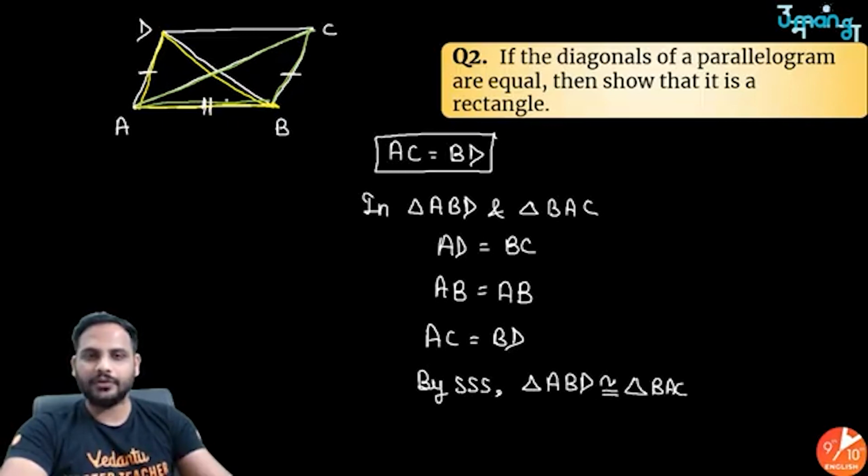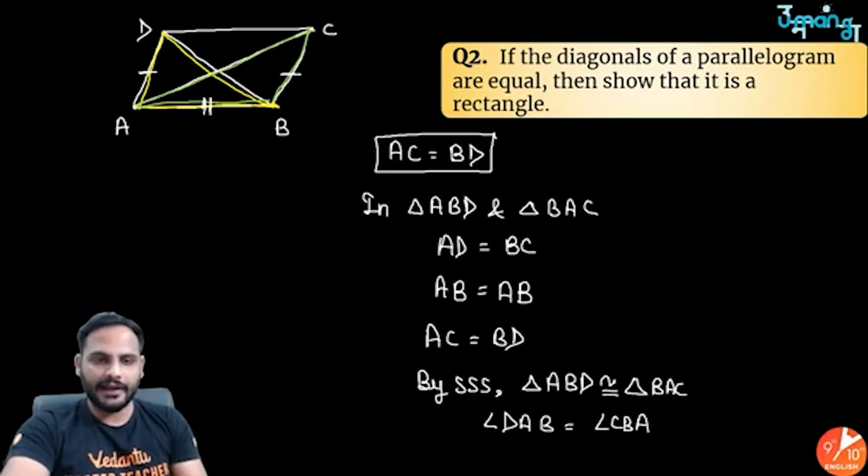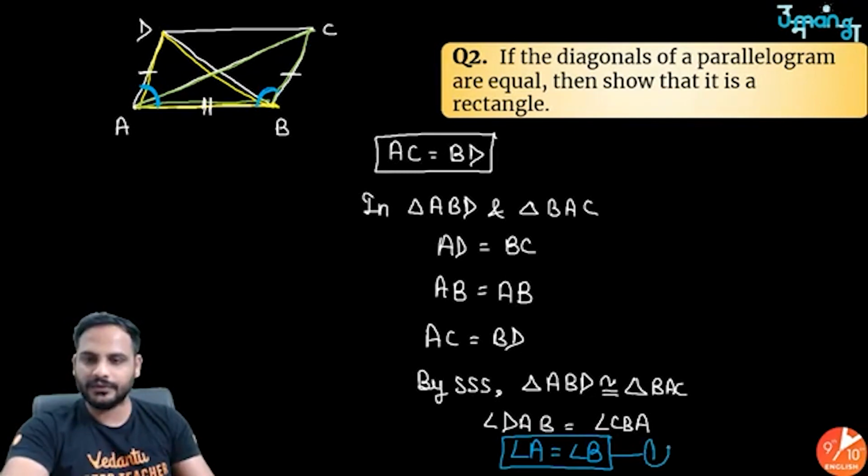And if they are congruent triangles, I can clearly say that angle DAB is equal to angle CBA. When I am talking about angle DAB, I am talking about angle A, and angle CBA is your angle B. So from here we got to know that angle A is equal to angle B. First equation.